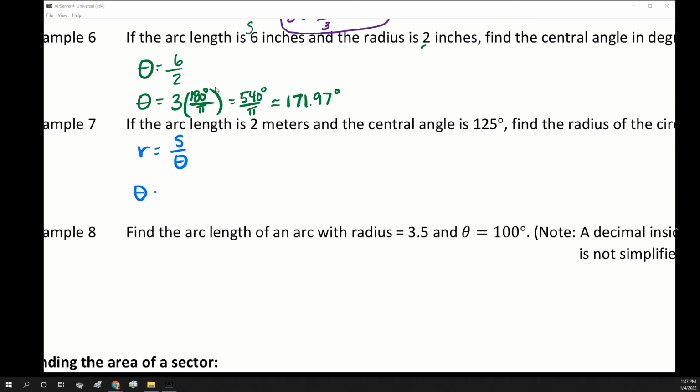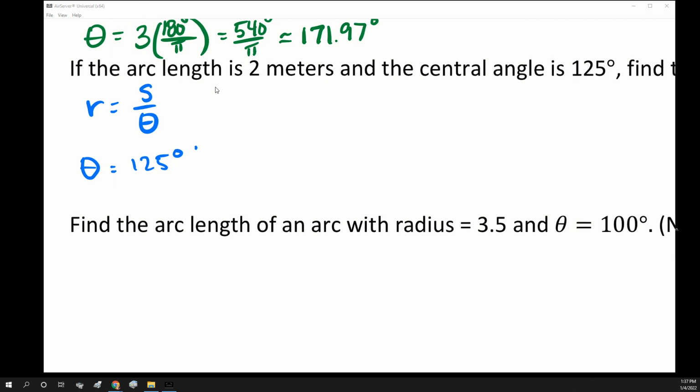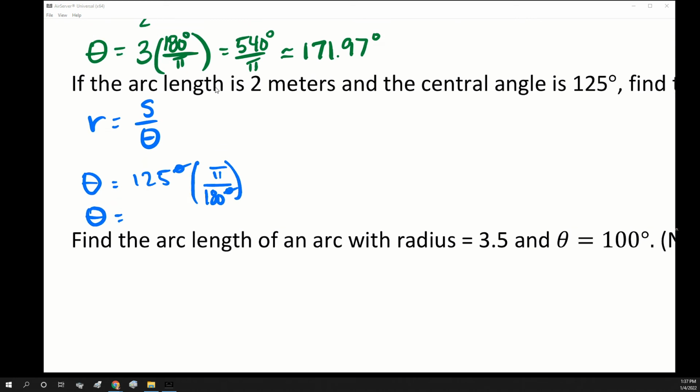So let's change that. Okay, this time degrees cancels, but a 0 doesn't, which makes it a little harder to do. But I do know 5 goes into both of these things. 5 divides into 125 25 times. And then 5 divides into 180 36 times. And that won't reduce anymore.